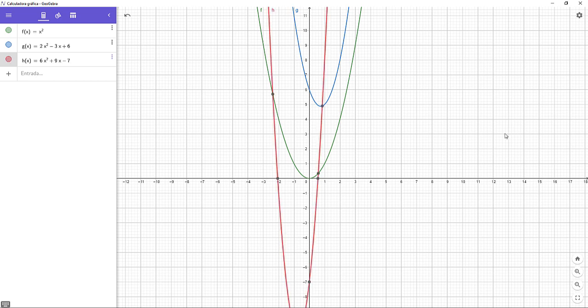And we have another situation in which the curve cuts the x-axis in two different places. So these are the three possibilities that you can find when you are working with a quadratic equation.